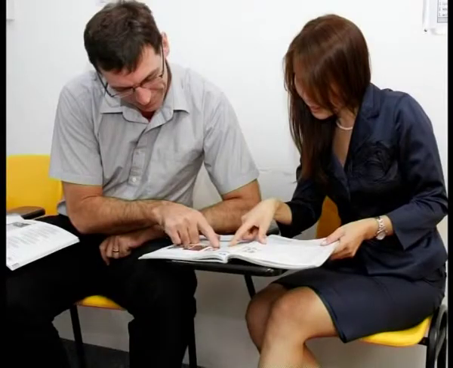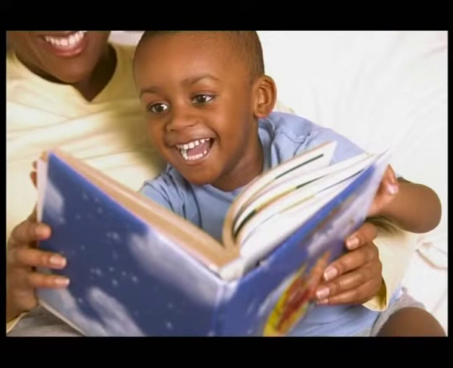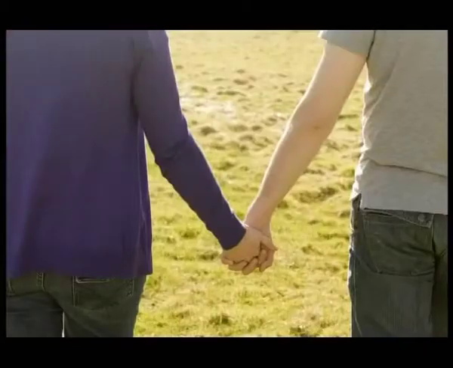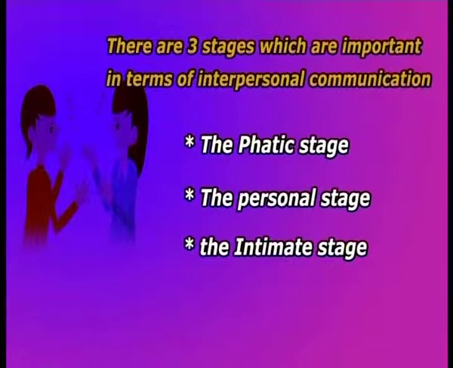The way you communicate with your friends is different. The way you communicate with your children is different. The way you communicate with your wife is different. So there are three very important stages in interpersonal communication: the phatic stage, the personal stage, and the intimate stage.